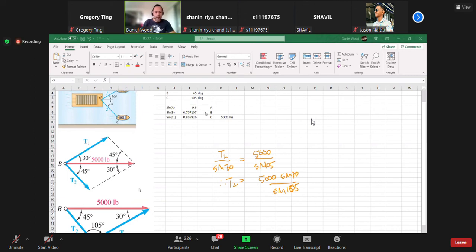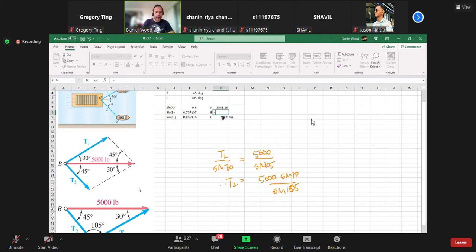So now I can come in here and I go equals 5,000 times sine 30, which is 0.5, divided by sine of 105, which is this guy here. And I get 2588.19. And similarly, I can do the same with the other one.